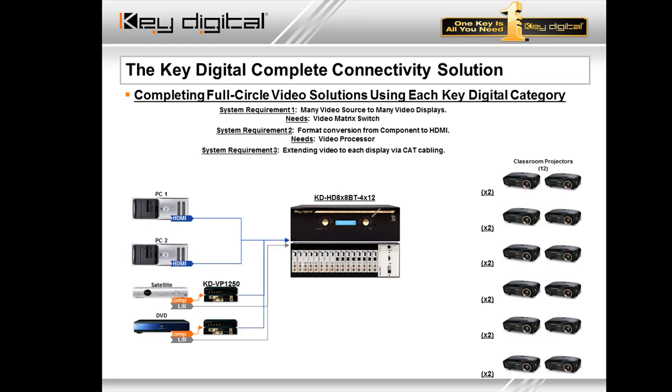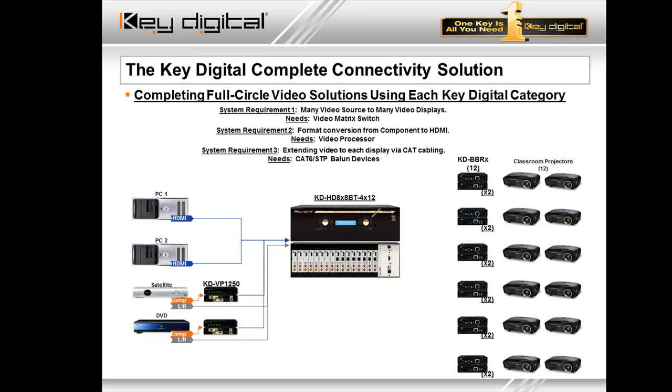And yet another category that we utilize, extremely common in HDMI or analog systems, is a Cat-based device. You have all the projectors in this system, for example. You need to get to each of those displays. The easiest, most cost-effective in many cases, and most flexible way of doing that is with Cat cabling.